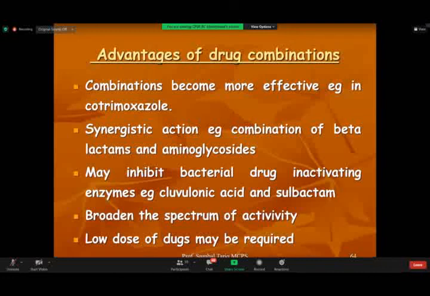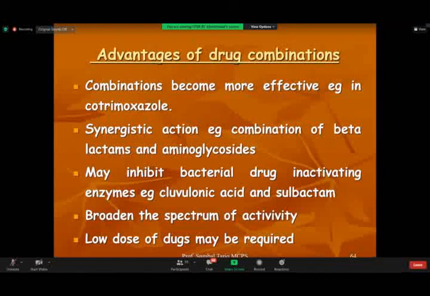Then you can inhibit bacterial drug inactivating enzymes by adding on some of the drugs which are available in the market. For example, मैं कह रही थी beta-lactamase producing जो bacteria हैं, उनके against we have clavulanic acid, sulbactam. अब augmentin में we have one of these, and it causes inhibition of the bacterial drug inactivating enzymes.